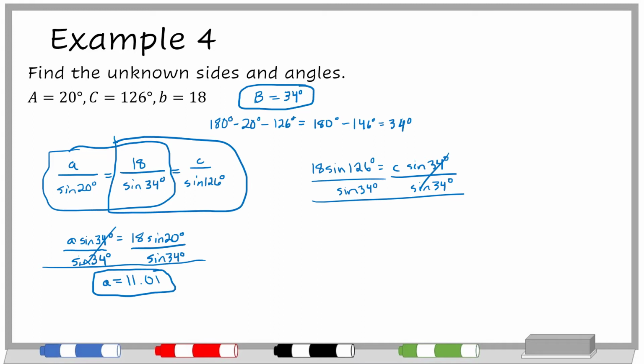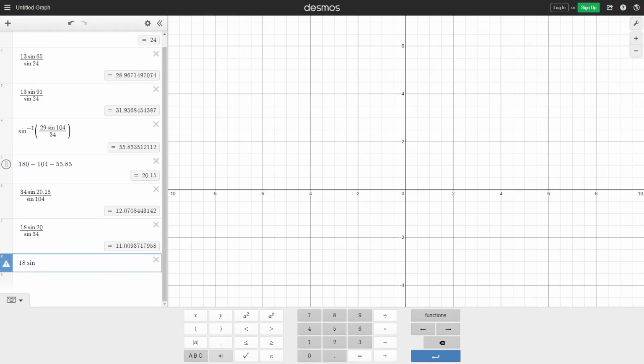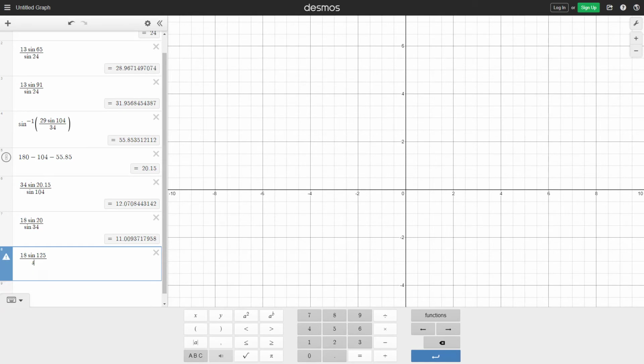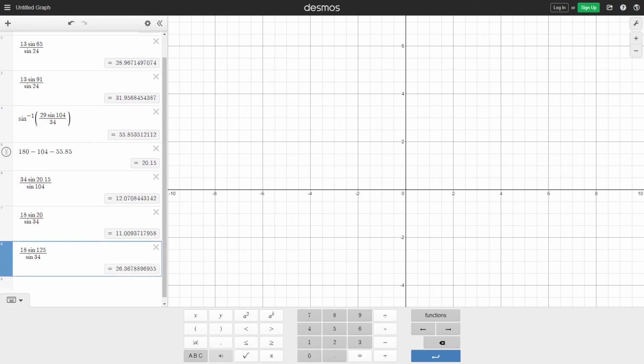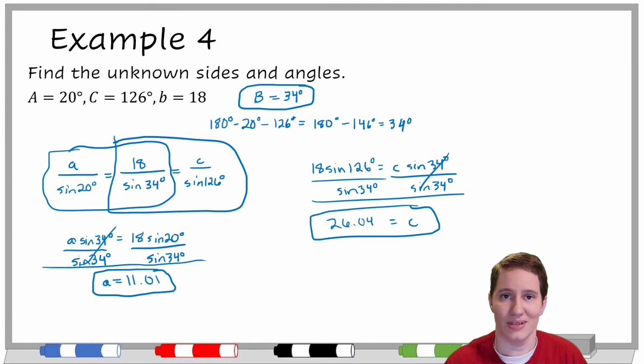And gotta type that in. 18 sine 126. That's the second time that I've randomly typed a number slightly incorrectly. There we go. 26.04. There we go.